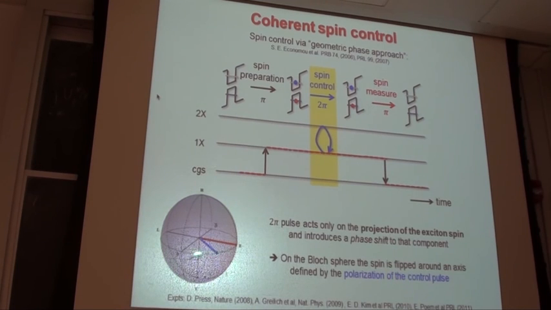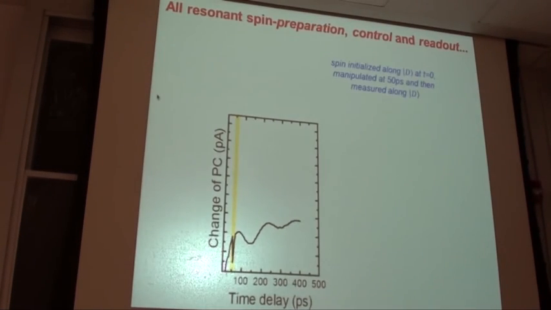It turns out when you do the math, if this is the direction of the control pulse, that's the polarization direction, you essentially rotate the Bloch vector around this blue direction. And of course, the blue direction I can choose arbitrarily by controlling the polarization of the 2 pi control pulse that I apply to the system. Let me show you our first experiments. This is very new data, so you're also seeing it for the first time today, like me.